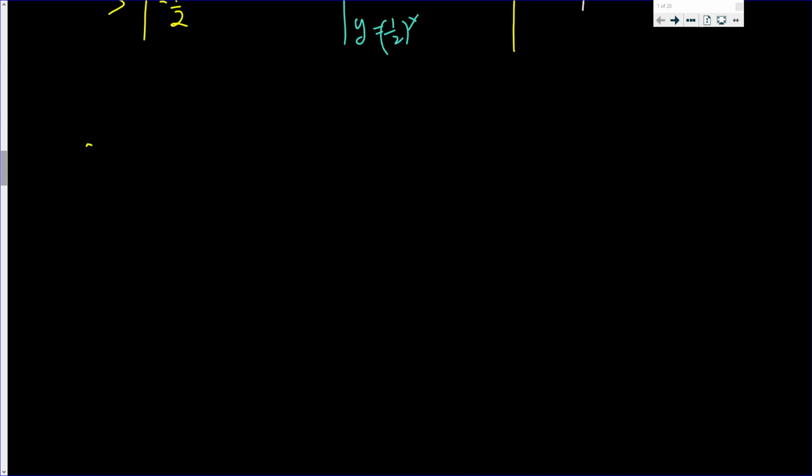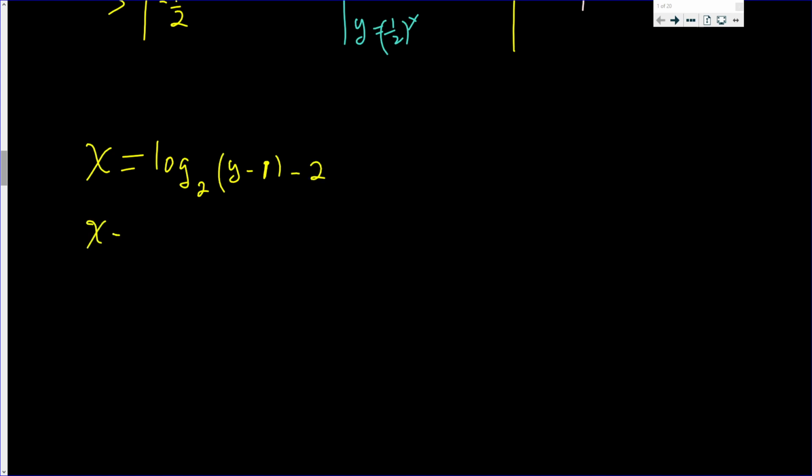So notice I'm able to do these with 2 points and without even knowing how to graph logarithmic functions. Log base 2 of y minus 1 is x plus 2.